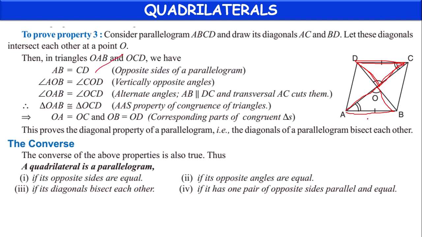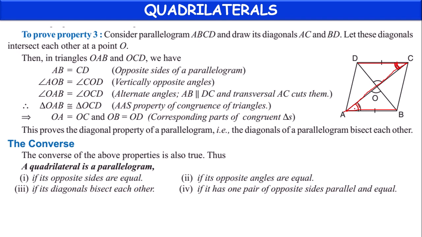AB equals CD, because opposite sides of a parallelogram are equal. And angle AOB equals angle COD, vertically opposite angles at the same vertex. And this angle equals this angle, because these two lines are parallel and this is the transversal.